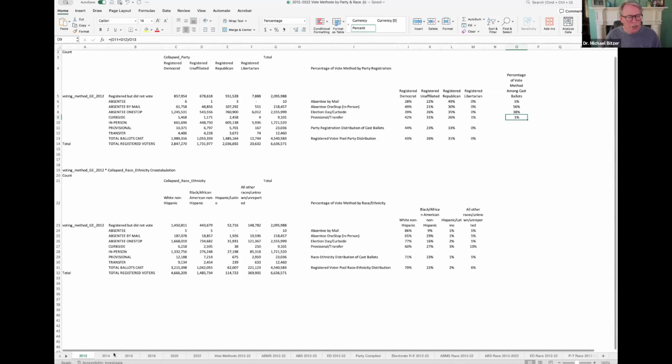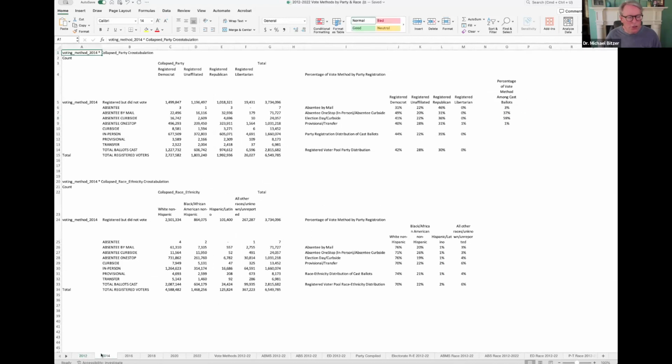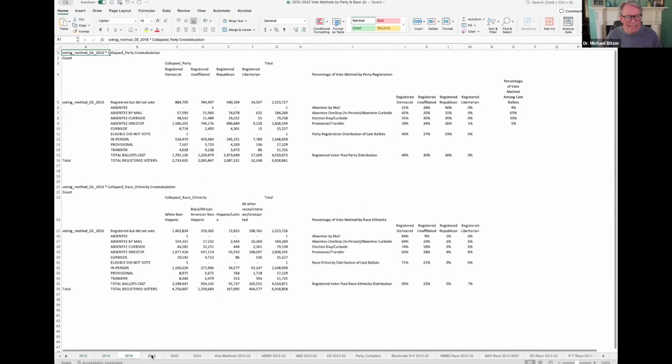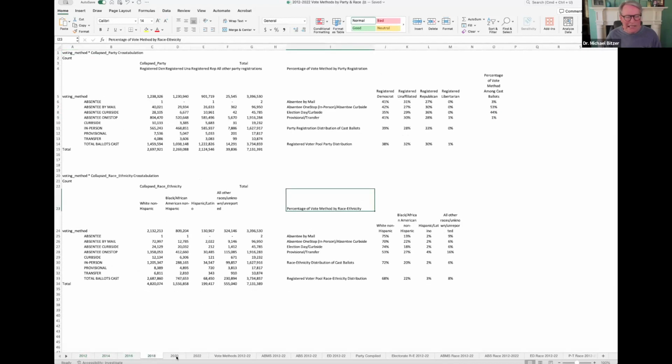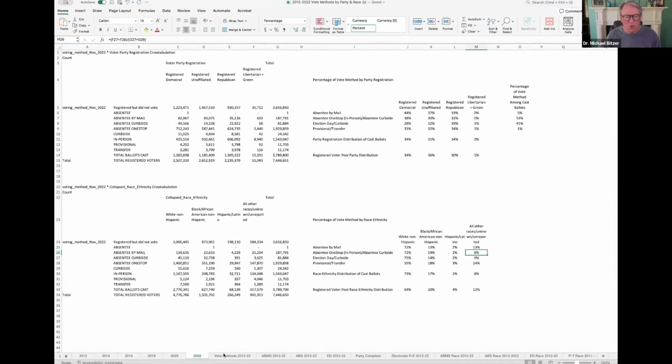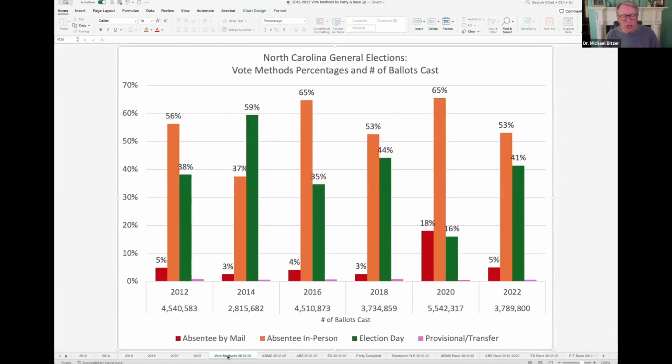Okay, so you've got each worksheet: 2014, 16, 18, 20, and 22. And then I start here with this worksheet, vote methods 2012 to 2022. This just gives the overall big picture.